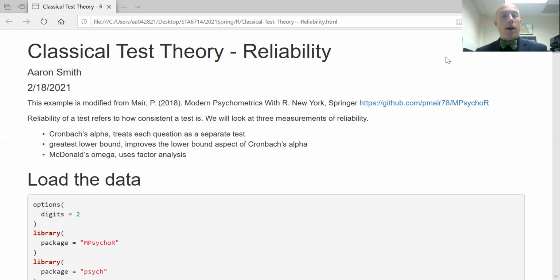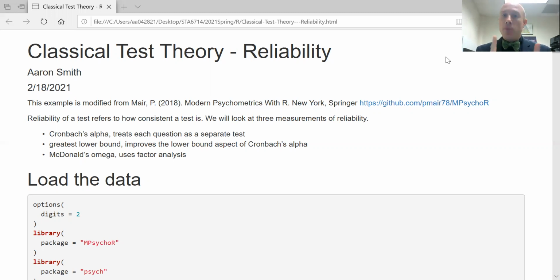The three measurements of reliability that we're going to look at are Cronbach's alpha, greatest lower bound, and McDonald's omega. Cronbach's alpha takes a test and treats each question as a test by itself, and uses that to establish a relationship with measurement error.